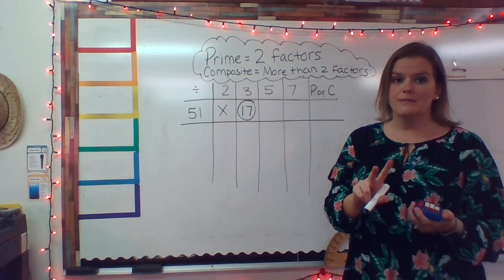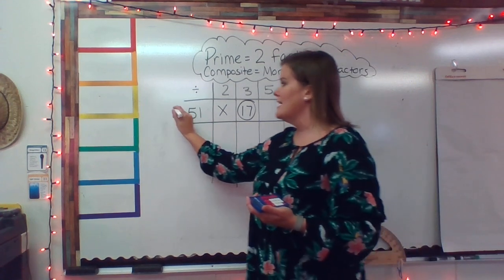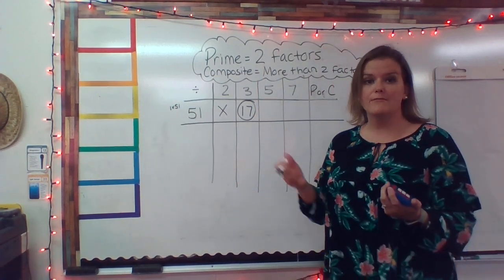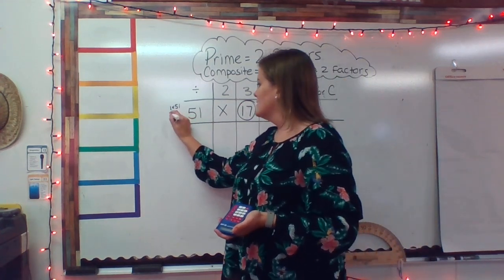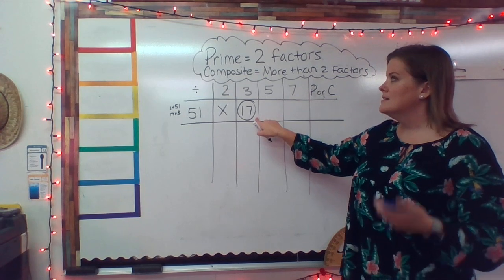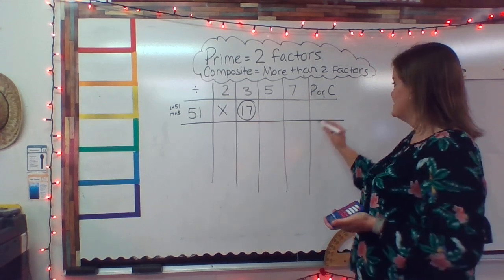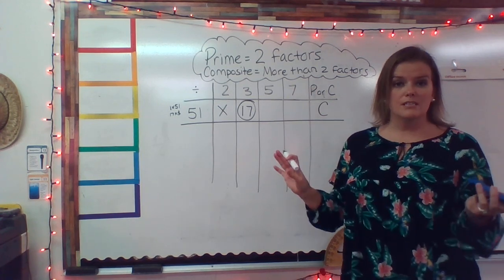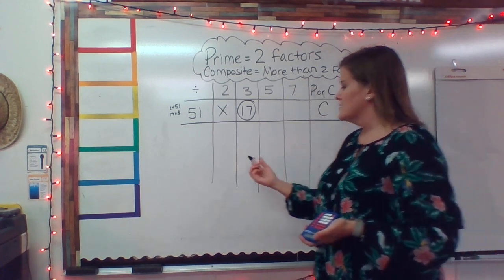Those are factors. Well, I know that 51 already has 1 times 51, right? Because all numbers have itself and 1. And now I know that it also has 17 times 3. So as soon as I get a whole number here, I immediately know that number is composite. So I'm going to put a big C over here, and I don't need to complete the chart at this point.